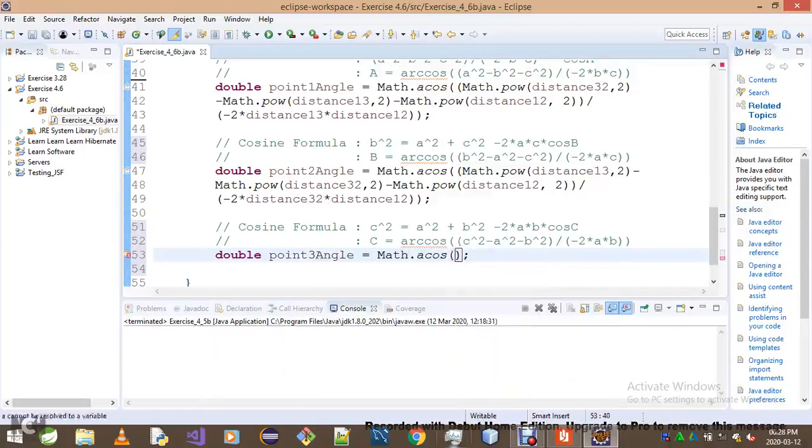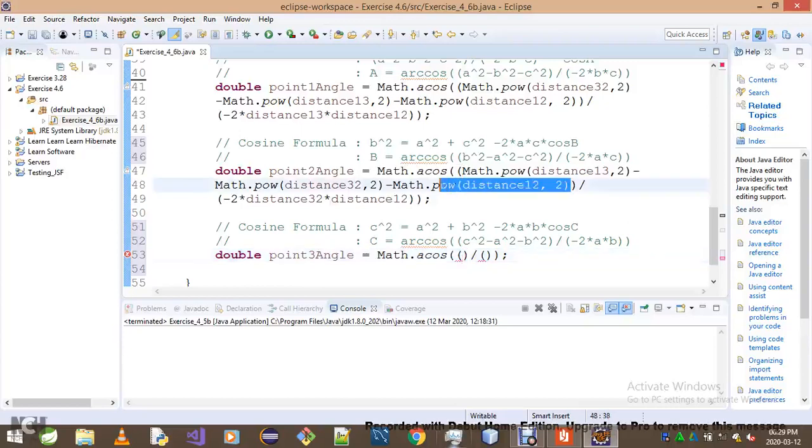Finally you'll have something like this. In the numerator I would have the distance. So I want C squared. Where's my C squared? Here's my C squared right over here.